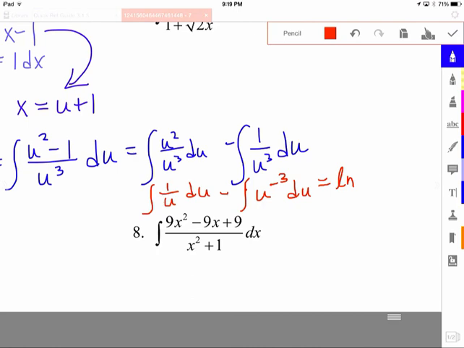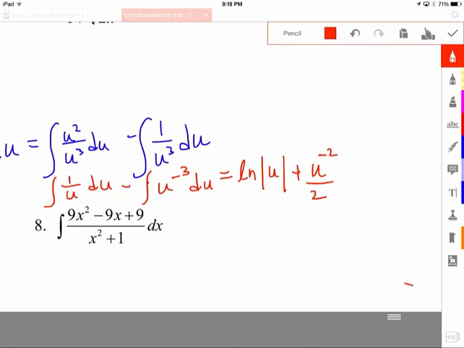And then when I substitute back in, remember u was x minus 1. So I'll have natural log of x minus 1 plus 1 over 2 times x minus 1 squared. That's a negative, so I was just taking it down. Plus c. Looks complicated. It's not really. Let's try another one.